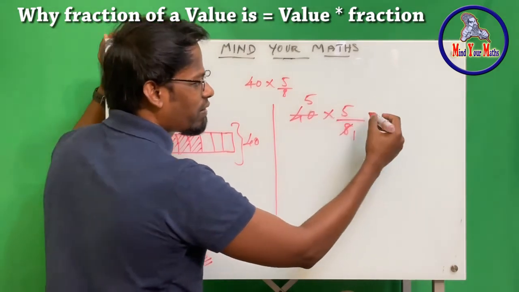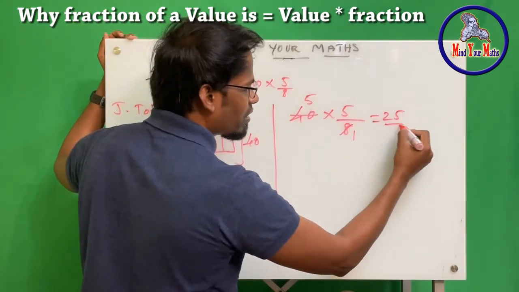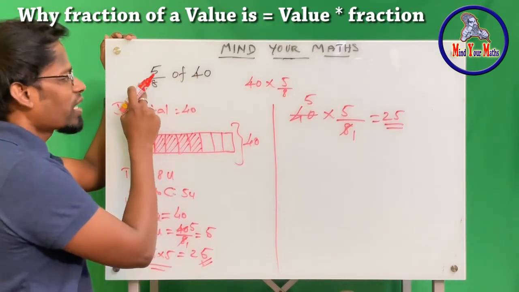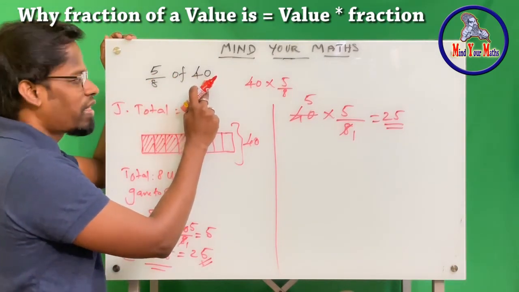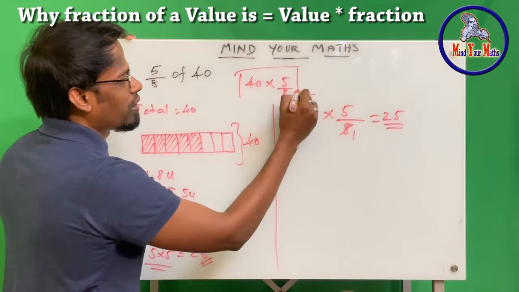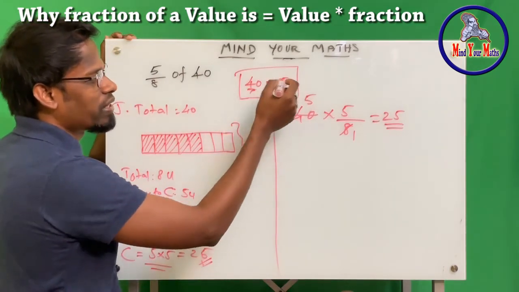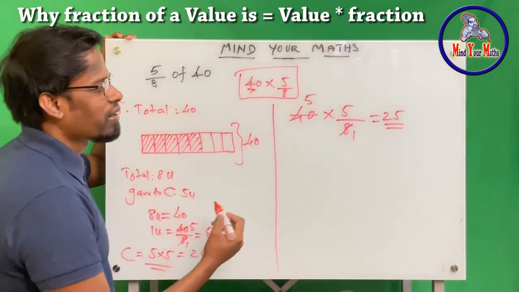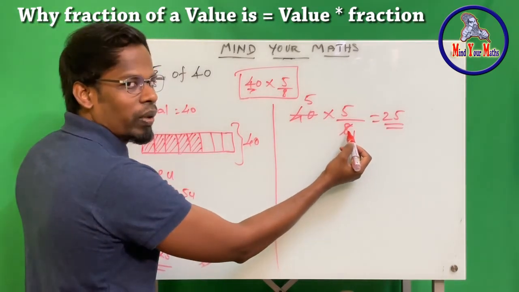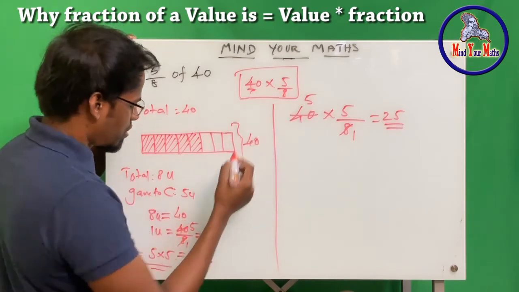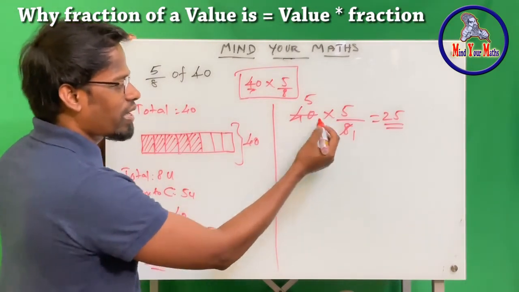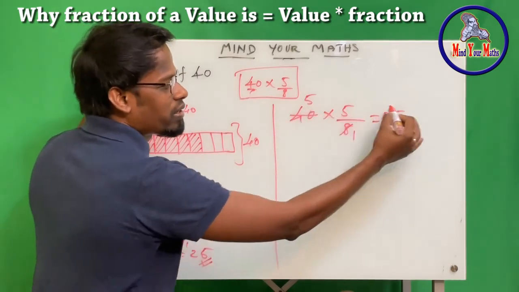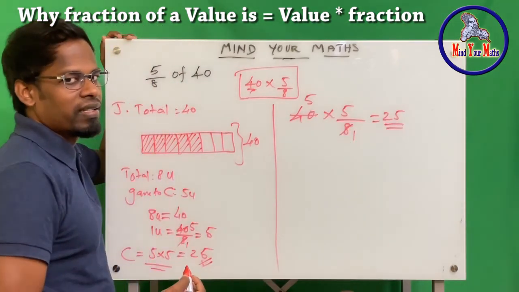So 5 times 5 is 25. That is why, whenever you get a fraction of a whole number problem, you just multiply the whole number by the fraction to get the answer. It comes from this understanding: first we divide by the bottom number, and then we multiply by whatever is at the numerator, and you get the final answer.